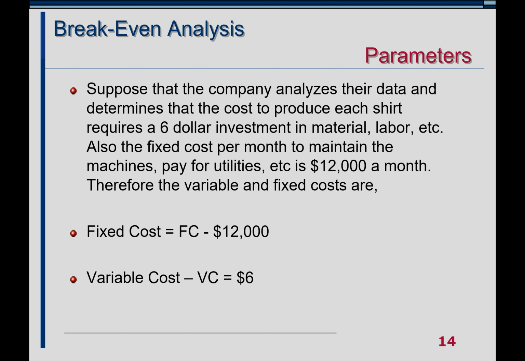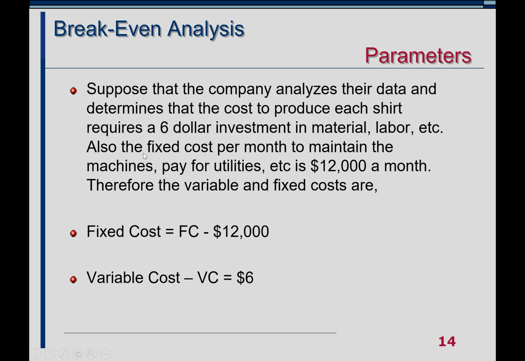so suppose the company analyzes their data and they determine that the cost to produce each shirt requires a $6 investment in material, labor, etc. Okay, so each shirt that you produce requires $6 worth of resources: time, labor, cloth, sewing, whatever it may be.